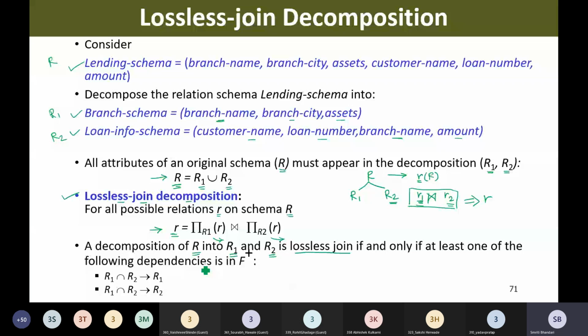So what is the dependency? R1 intersection R2 should determine R1 or R1 intersection R2 should determine R2.